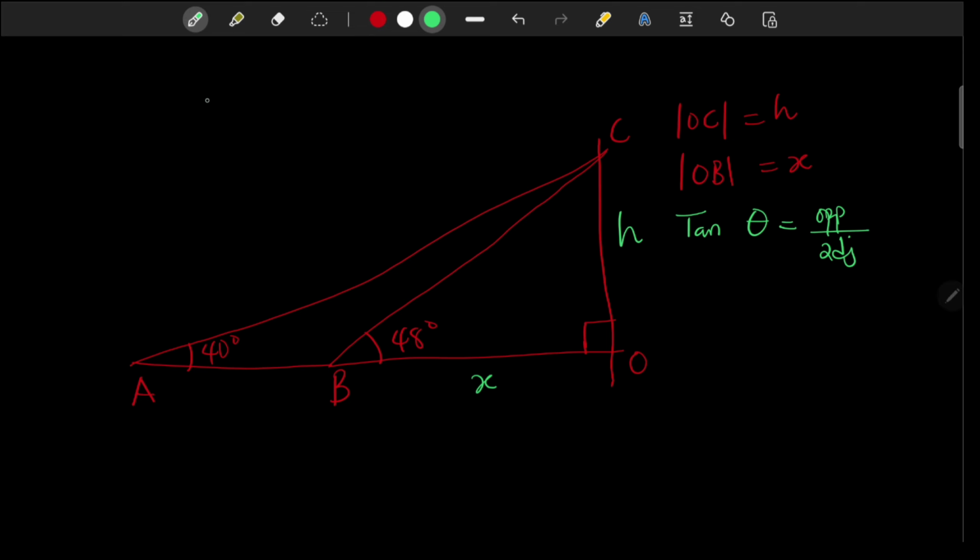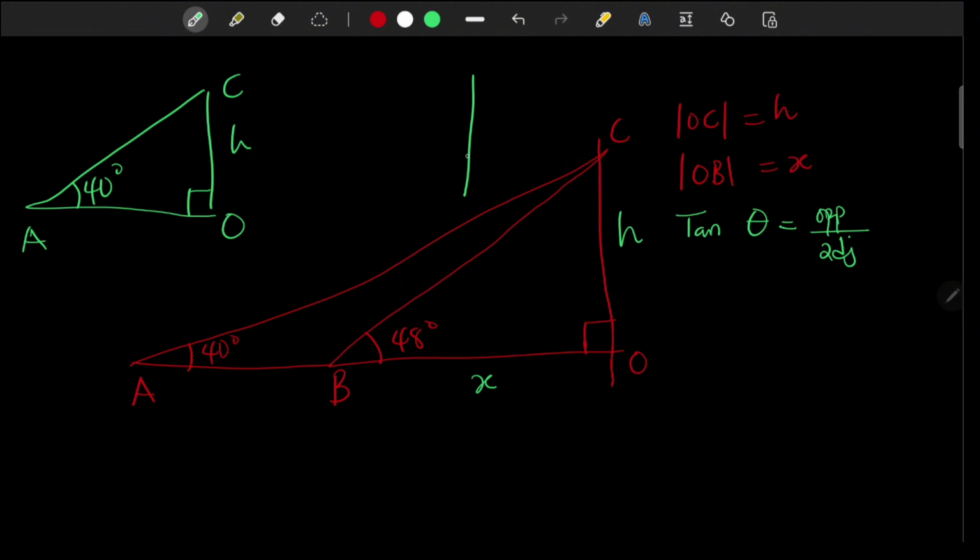We have the really large one, which has C here, O here, and A here, and you have 40 degrees here, and you have H. So that's one. And you have the smaller one, which has 48 degrees here, X here, and H here. So I'm going to start with this one.